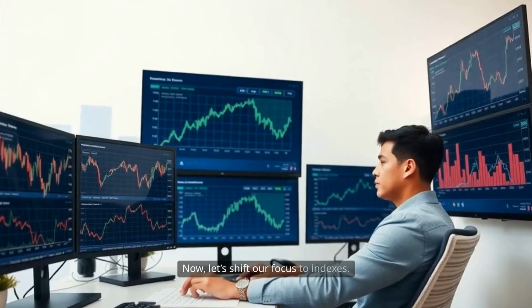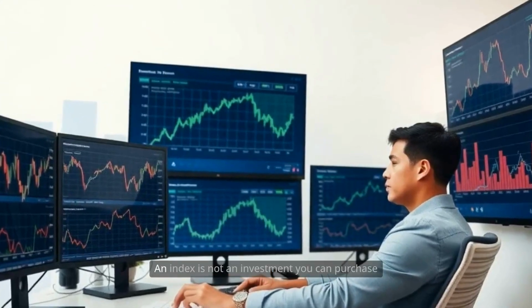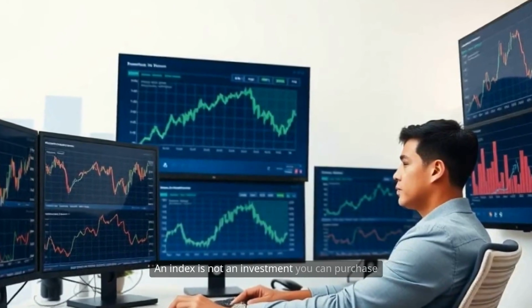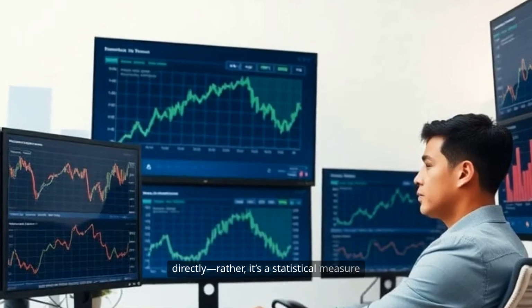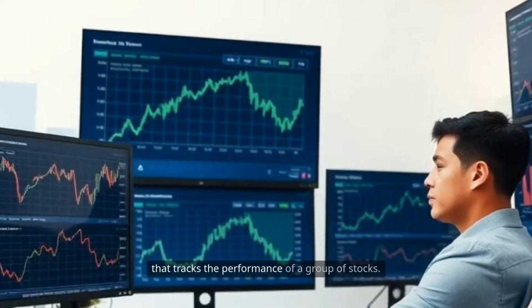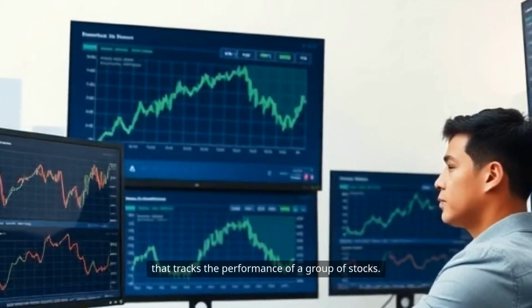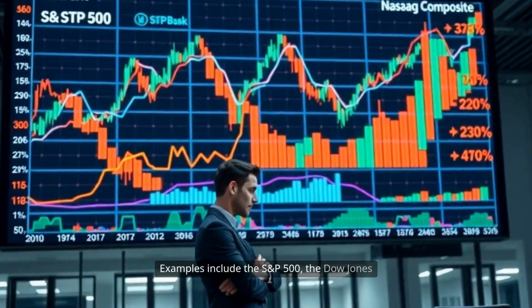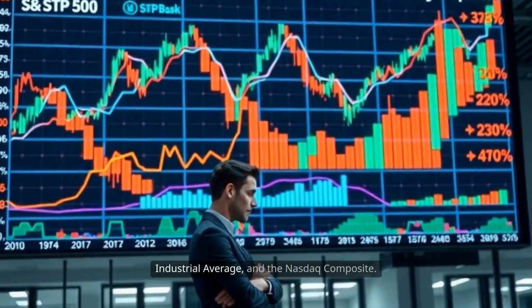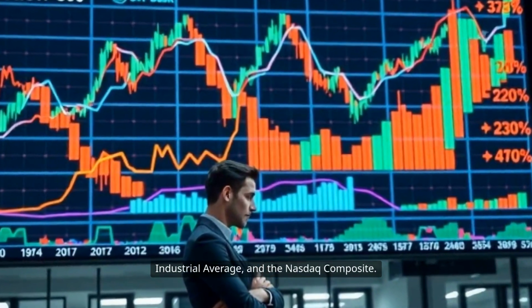Now, let's shift our focus to indexes. An index is not an investment you can purchase directly. Rather, it's a statistical measure that tracks the performance of a group of stocks. Examples include the S&P 500, the Dow Jones Industrial Average, and the NASDAQ Composite.